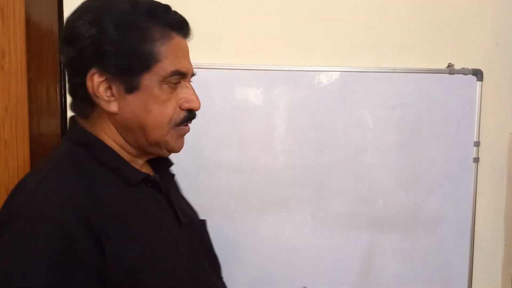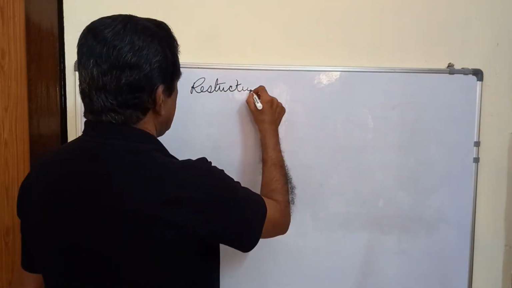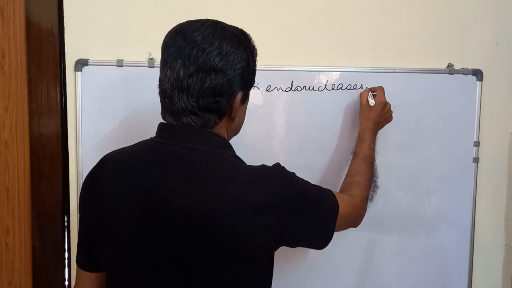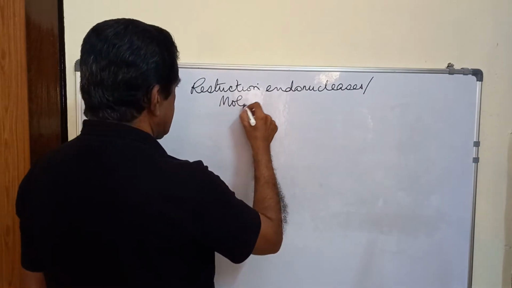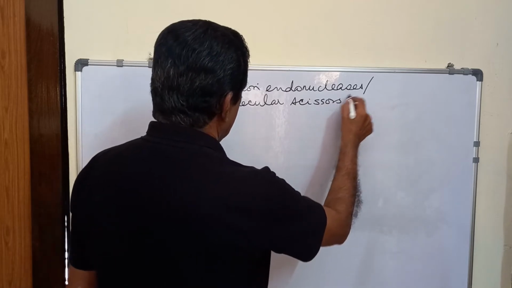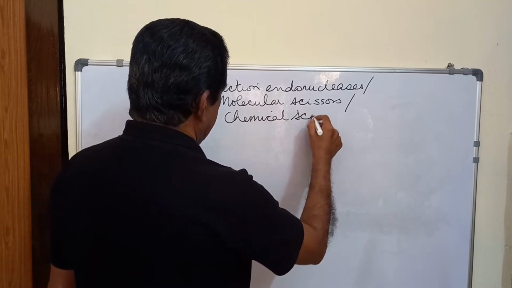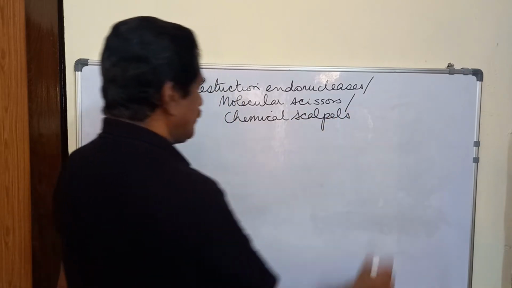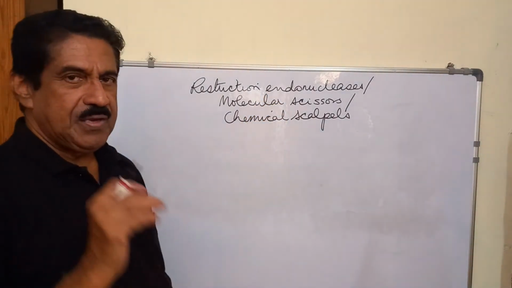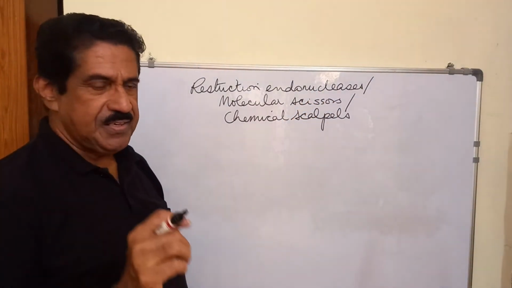Now let us look at restriction endonucleases, also called molecular scissors or chemical scalpels. Before we go into the details of this enzyme, I want to make clear one thing. Nucleases are enzymes which cut DNA.